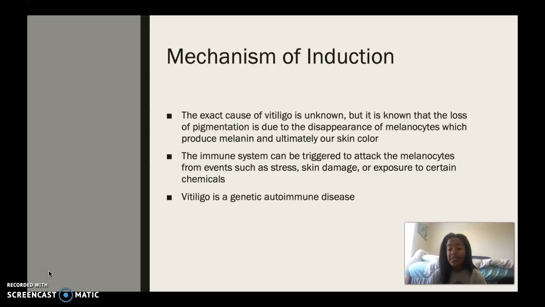This response is triggered by the white blood cells attacking the melanocytes, but they're not really sure what exactly causes it. They know the trigger events can be stress, skin damage, or exposure to certain chemicals. Vitiligo is also very genetic, so if your parents had it, you have a higher likelihood of getting it as well.